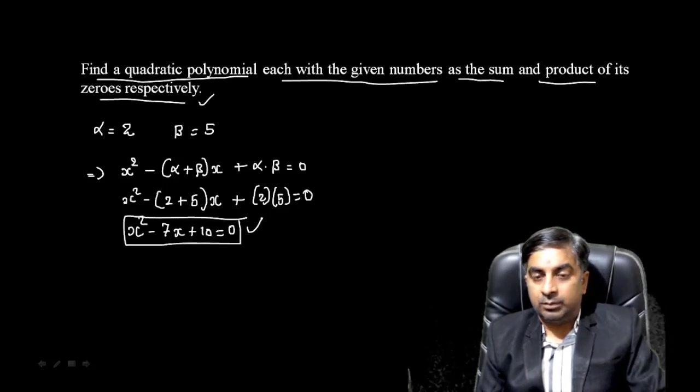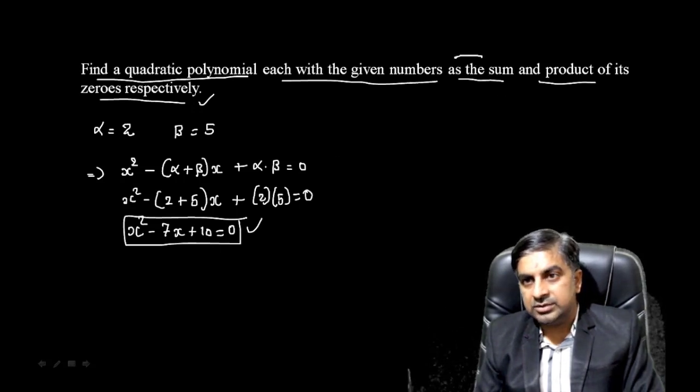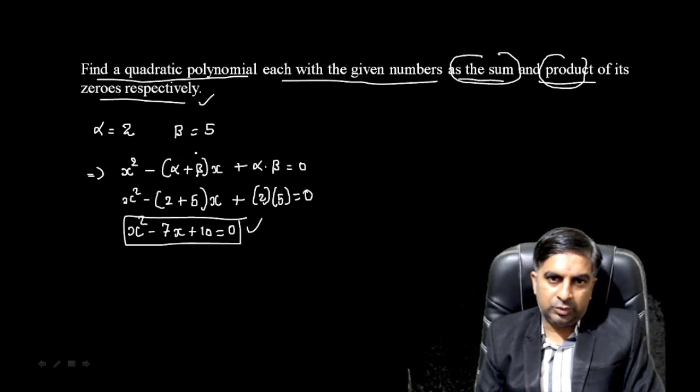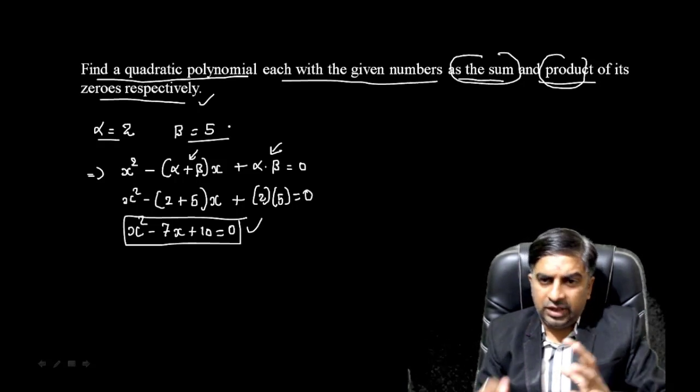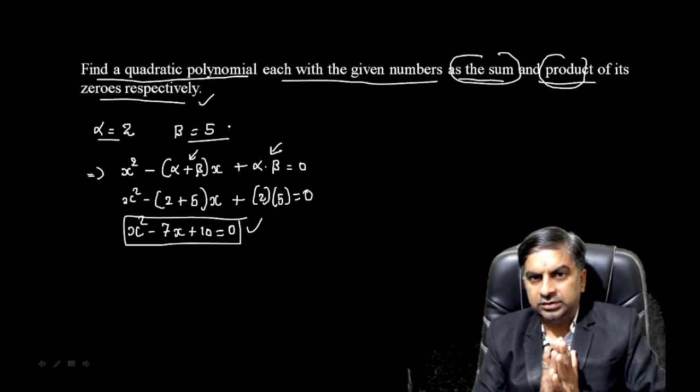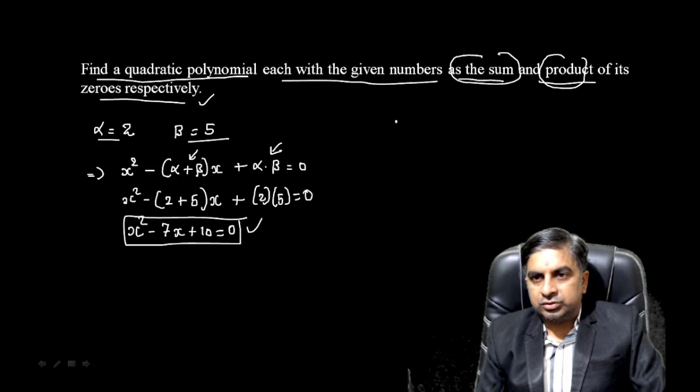So x square minus (5 plus 2), 7x, plus 5 twos are 10, and this way we can easily form it. But the problem is that sometimes they will give you sum and product, and you need to put those terms directly here, and sometimes they will give you zeros. So you need to keep that in mind, guys. Suppose sum is 7 and product is minus 2.